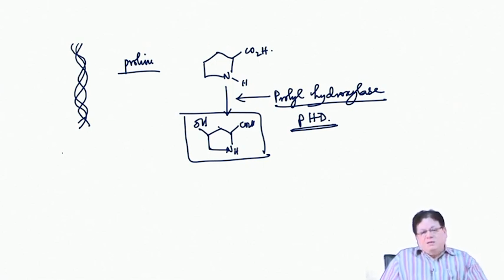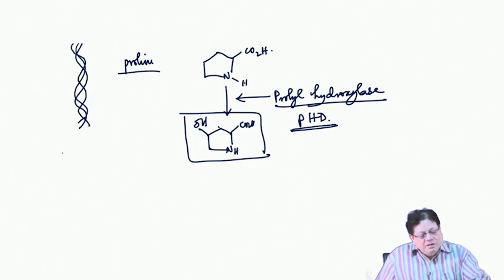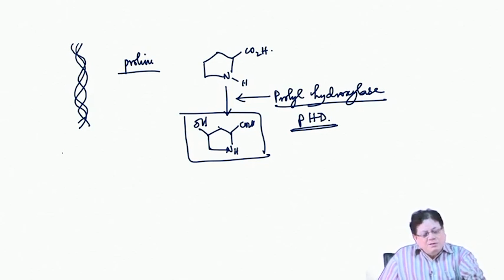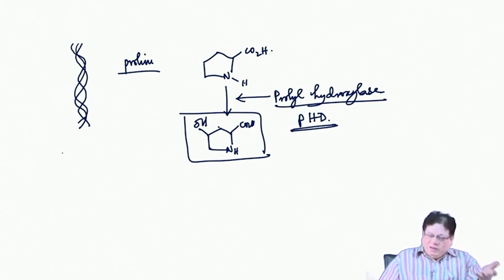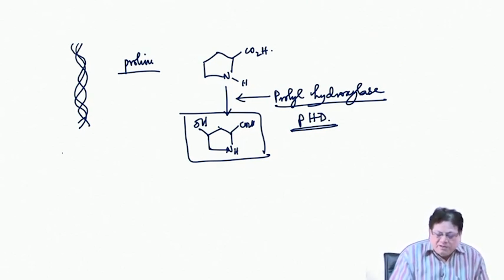That is what is present in the amino acids making this polypeptide. And these hydroxyl groups give you extra stability by participating in hydrogen bond formation. That gives us the strength.